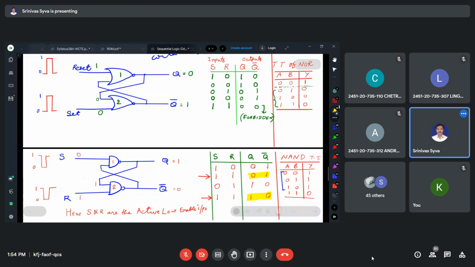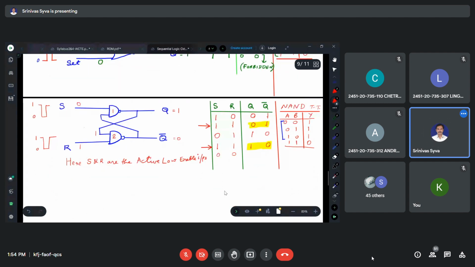But here also one forbidden state is there. Both cannot be applied as 0 here. This is the forbidden state, because actually both outputs will become 1 here.